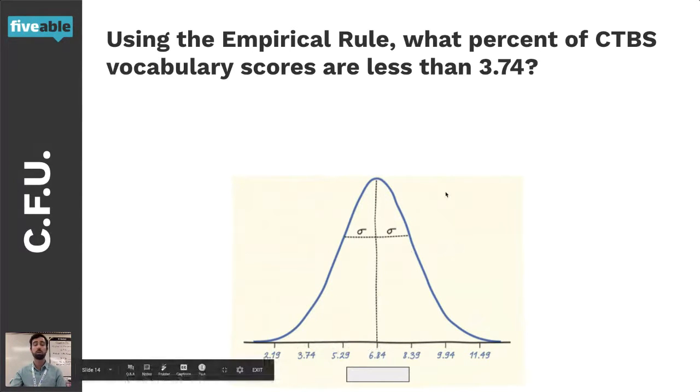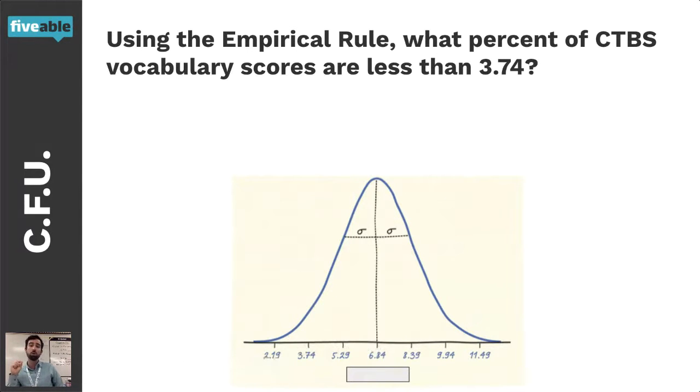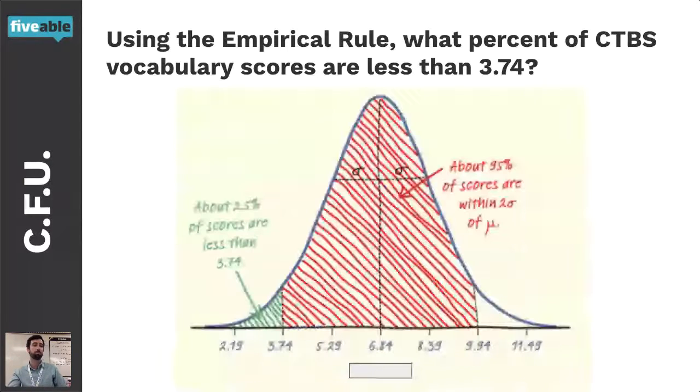Anytime that we can get full z-scores, so integer z-scores, like 1, 2, -1, -2, we can use the empirical rule to answer a question like this. What percent of scores are less than 3.74? So let's see what that would look like. We're going to go to 3.74, and we're looking for scores less than, so that's going to be everything below that number.